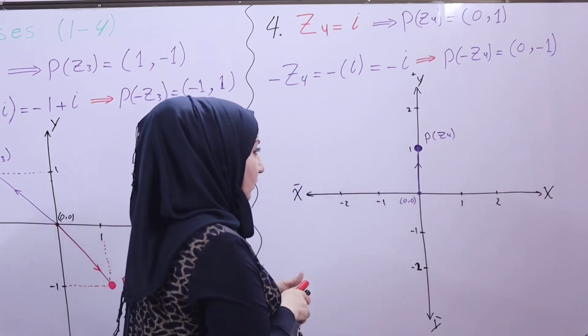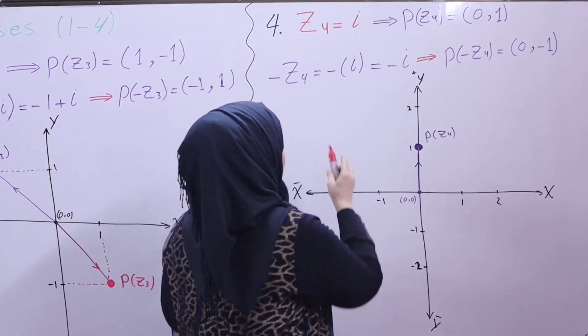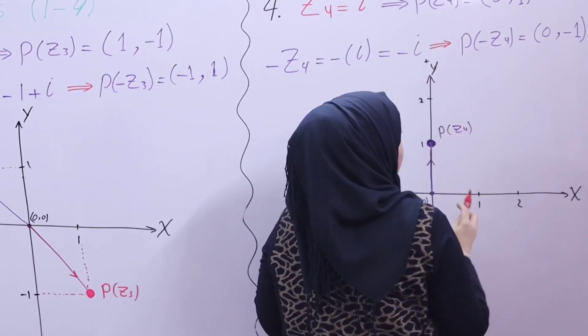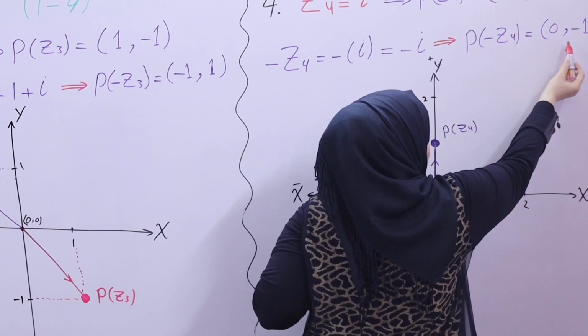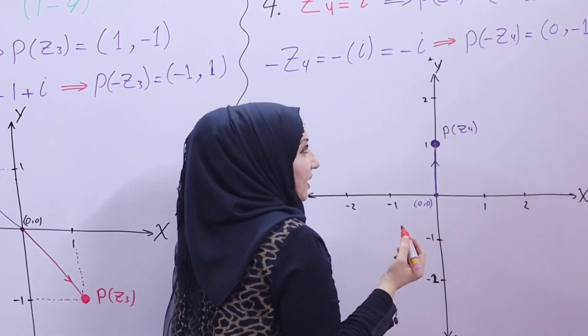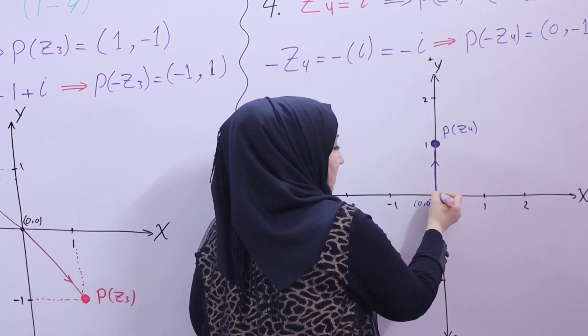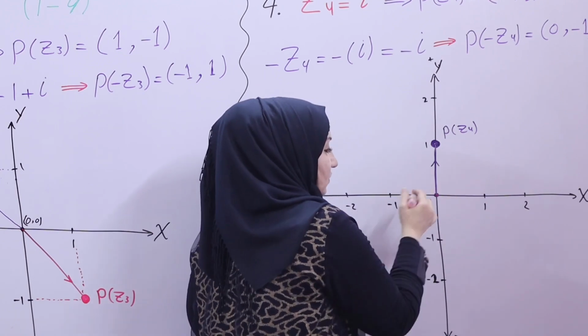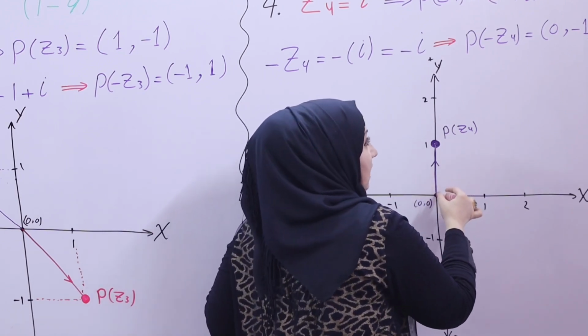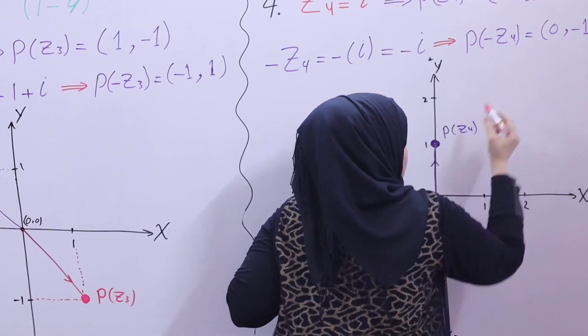And now we want to represent the argand shape for negative Z4. Its ordered pair is (0, negative 1). The x coordinate is 0, so I stay here. And the y coordinate is negative 1.